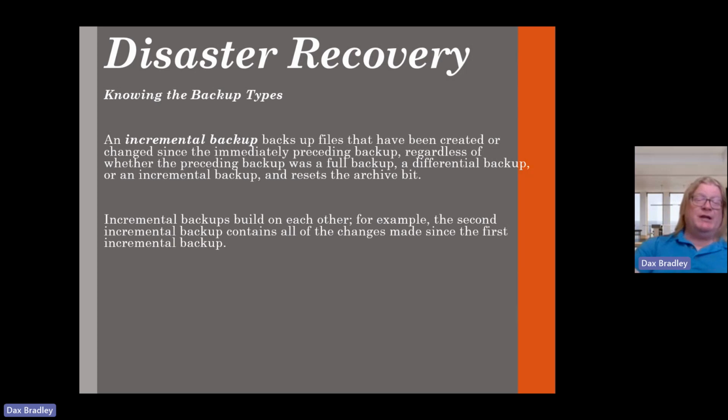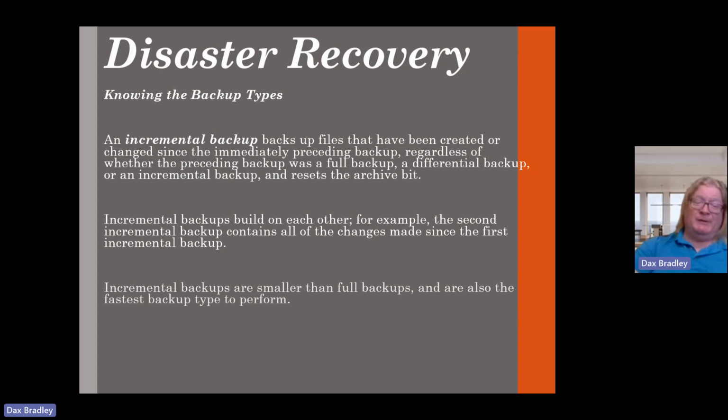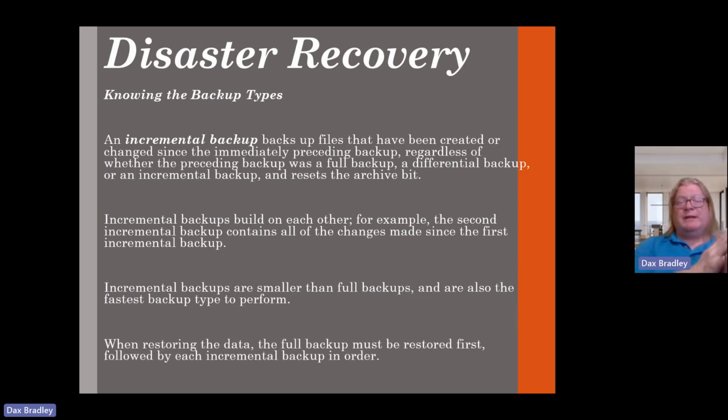For example, the second incremental backup contains all the changes made since the first incremental backup. Incremental backups are smaller than full backups and are also the fastest backup type to perform. So when restoring the data, the full backup must be restored first, followed by each incremental backup in the proper order. And we're going to stop right there for now.